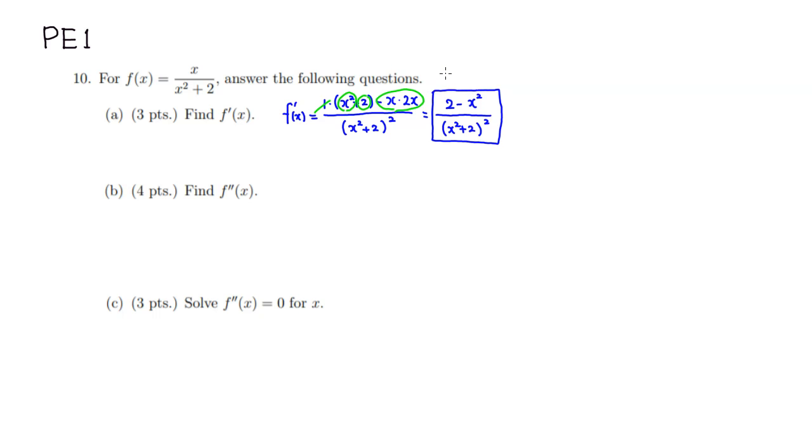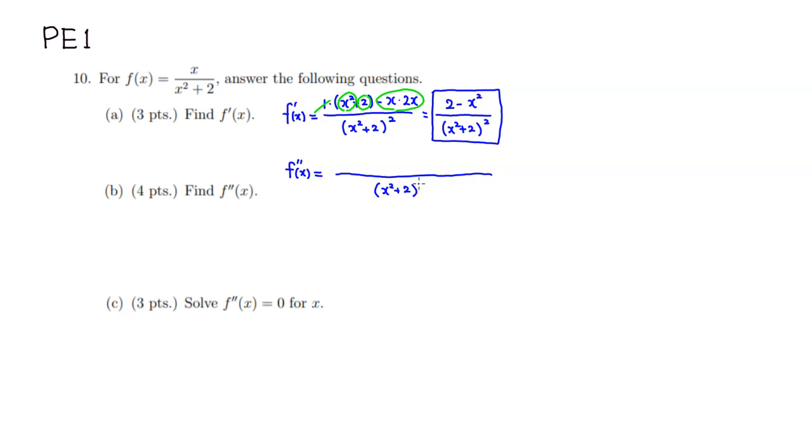Let's take another derivative. So we have f double prime of x is equal to, this is just another quotient rule, so you're going to have a big fraction here. Square the bottom, so you have the quantity x squared plus 2, which is squared to begin with.